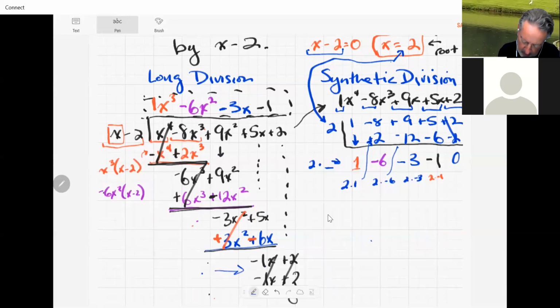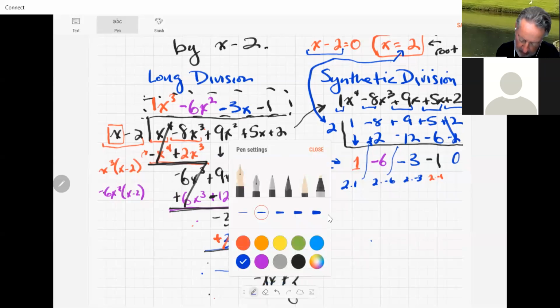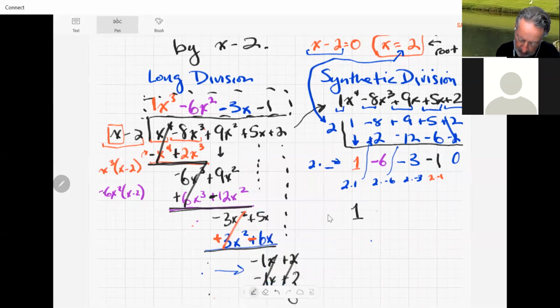I had a 0. So there's my answer right there. The coefficients of my answer are 1, negative 6, negative 3, and negative 1.